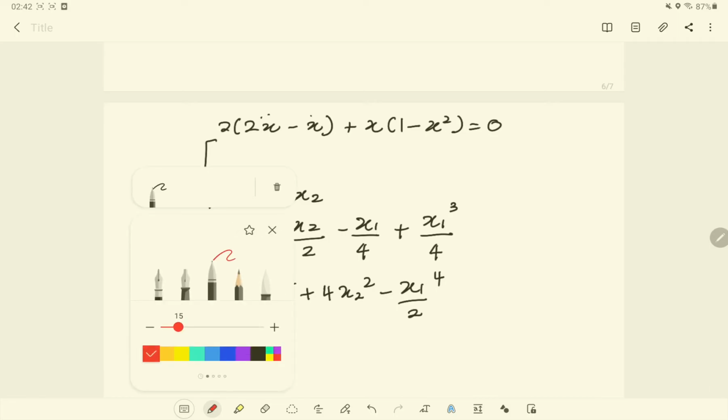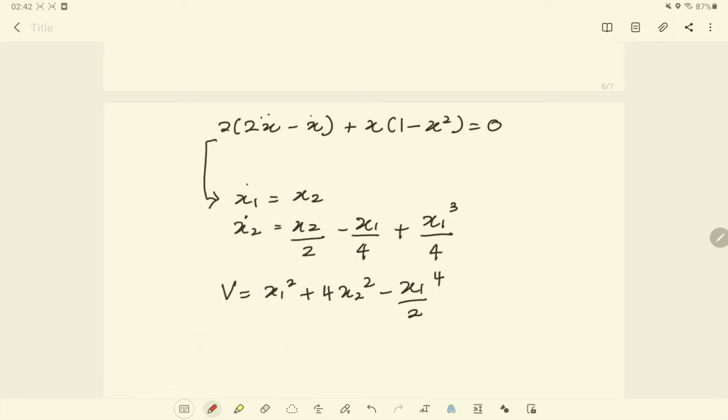Normally in the questions you will be given, number 1, the differential equations for the system, and number 2, the Lyapunov function for that particular system. So what you have to do first is convert the differential equation to the state space equation.